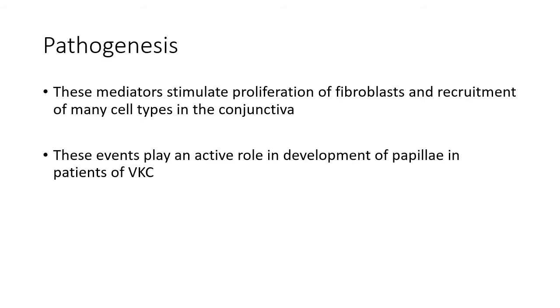So these mediators stimulate proliferation of fibroblasts and recruitment of many cell types in the conjunctiva. These events play an active role in development of papillae in patients of vernal keratoconjunctivitis. So development of papillae follows all these processes, that is a cascade phenomenon, meaning one follows the other.